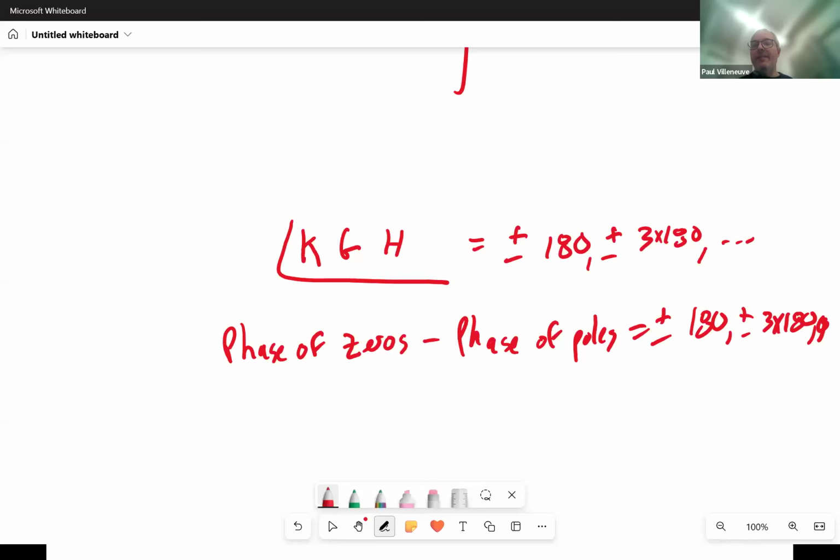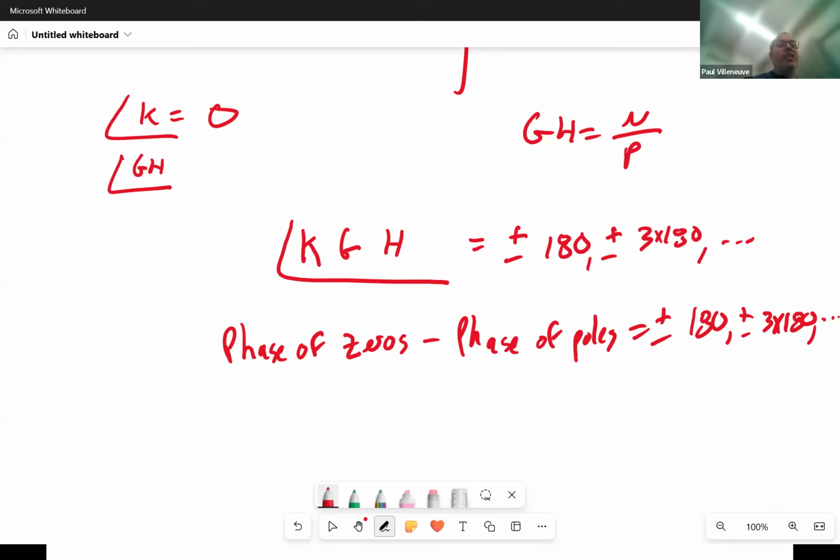Dot, dot, dot. Why is that? Does that help at all? What's the angle of K going to be equal to? It's 0, right? Because K is a real number, isn't it? So it has to be 0. What is the phase of G and H?